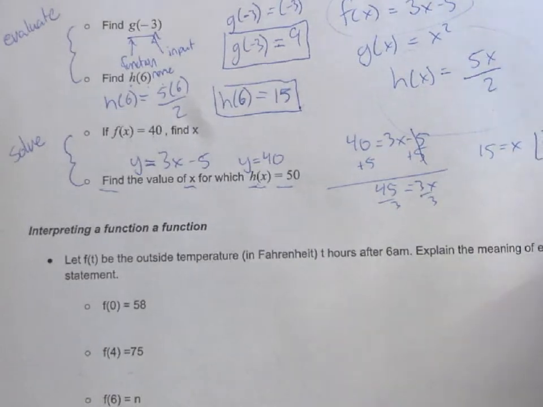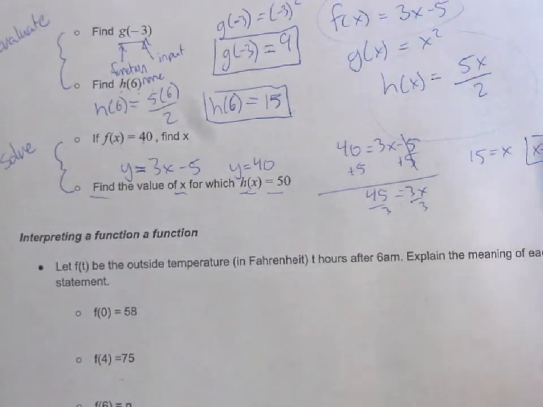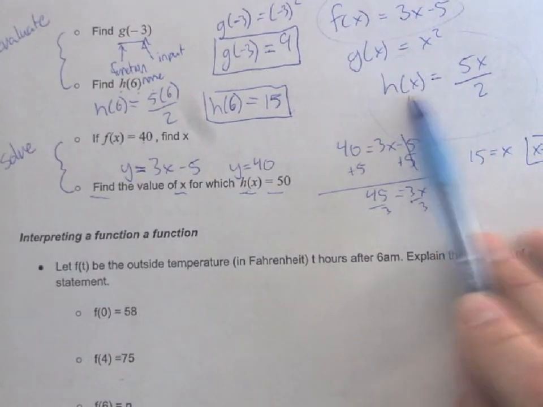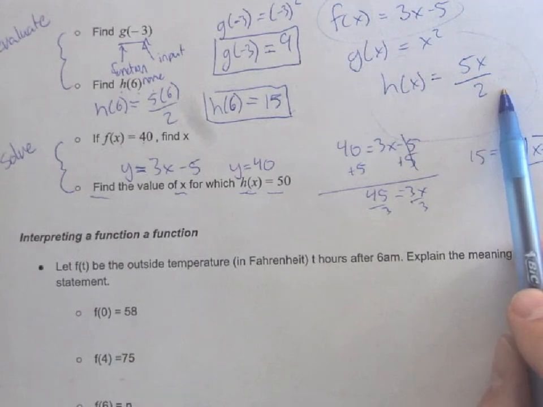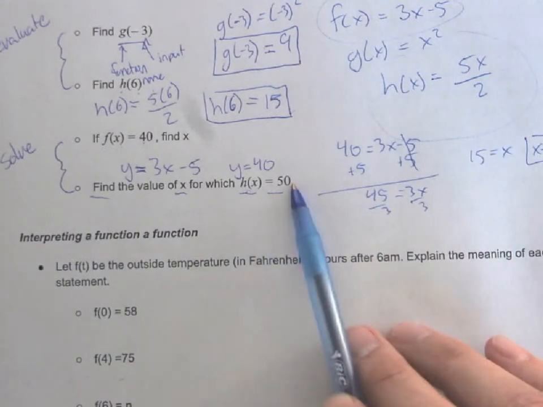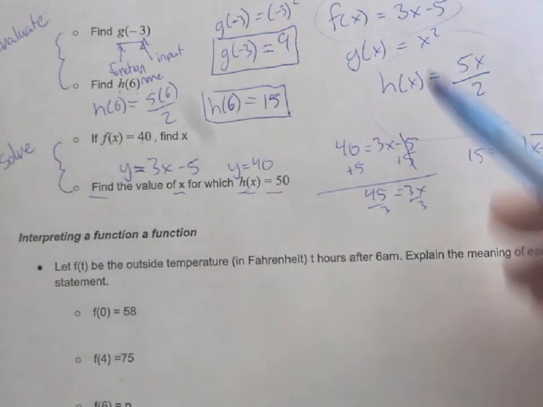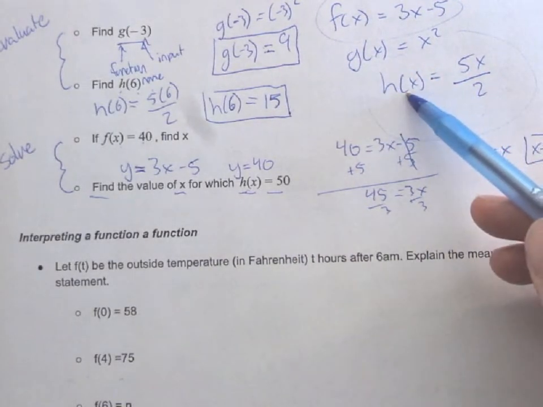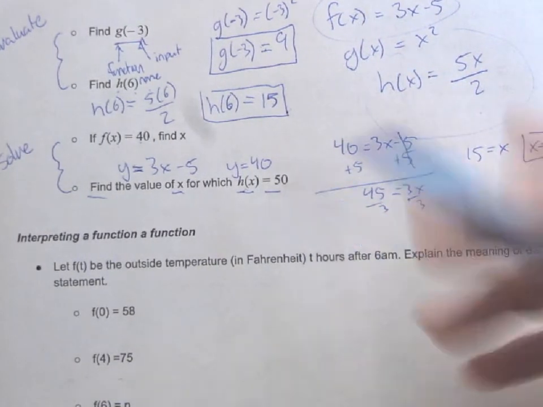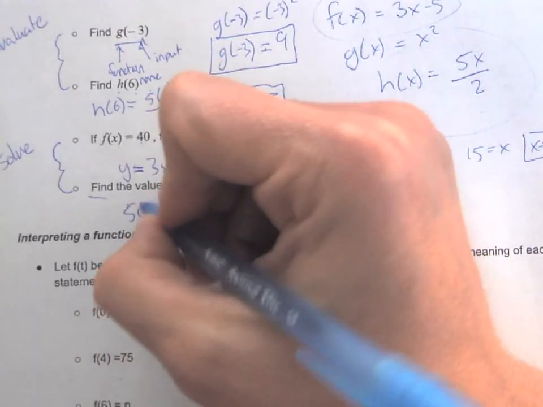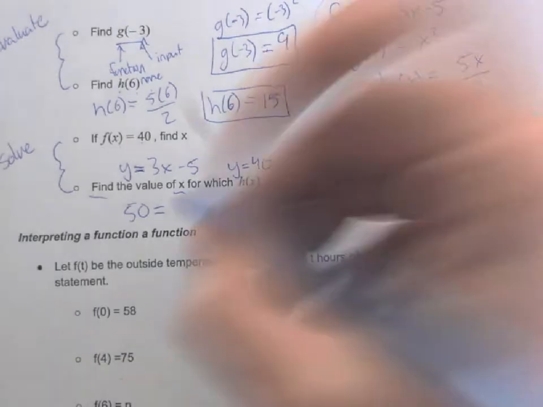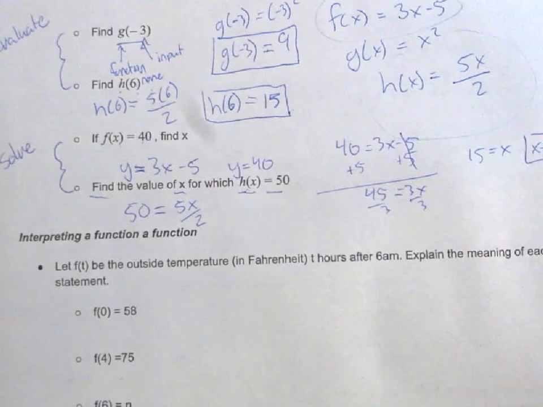Let's try to do it without translating to y's this time. Here's h of x. h of x equals 5x over 2. And now they're telling us that h of x is 50. So what I can do is replace this h of x with this number. So I've got 50 equals 5x over 2.